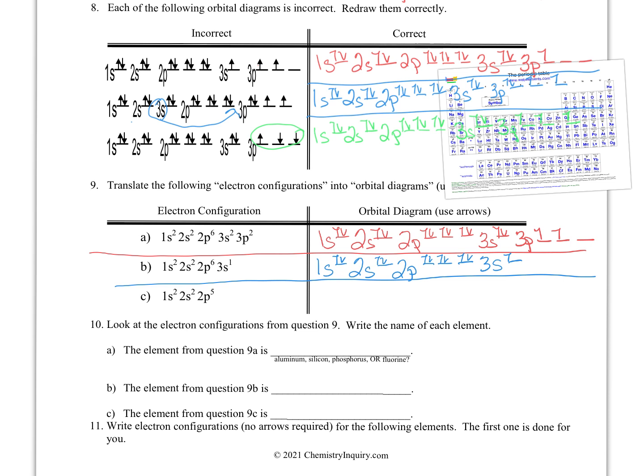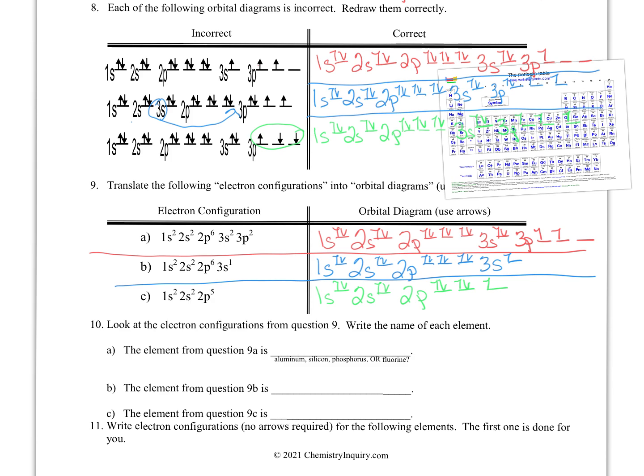All right, let's move to the next one. Oh, this is a short one, so that's nice. So 1s, one orbital, we fill it up. 2s, one orbital, we fill it up. And then 2p has 5. So I just go ahead and follow the rules. I put 1 in each, 2, 3, and then I pair them up, 4 and 5.